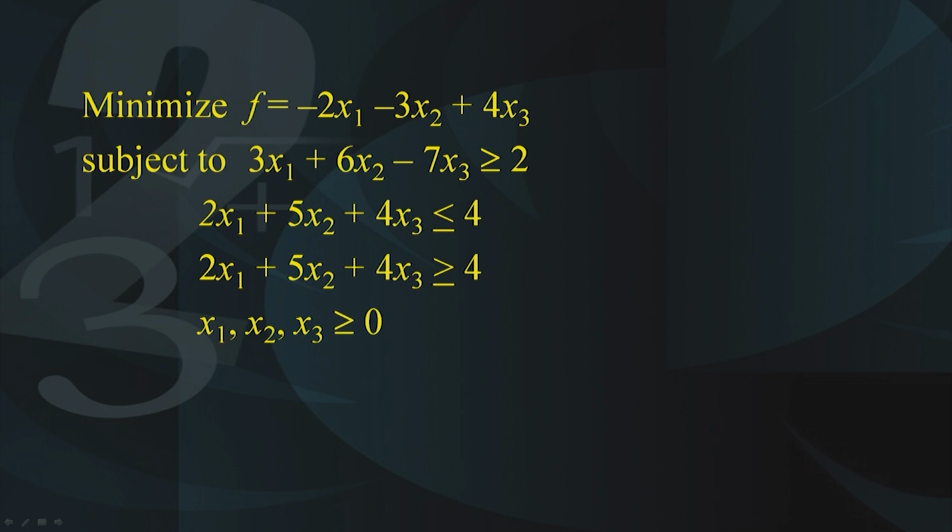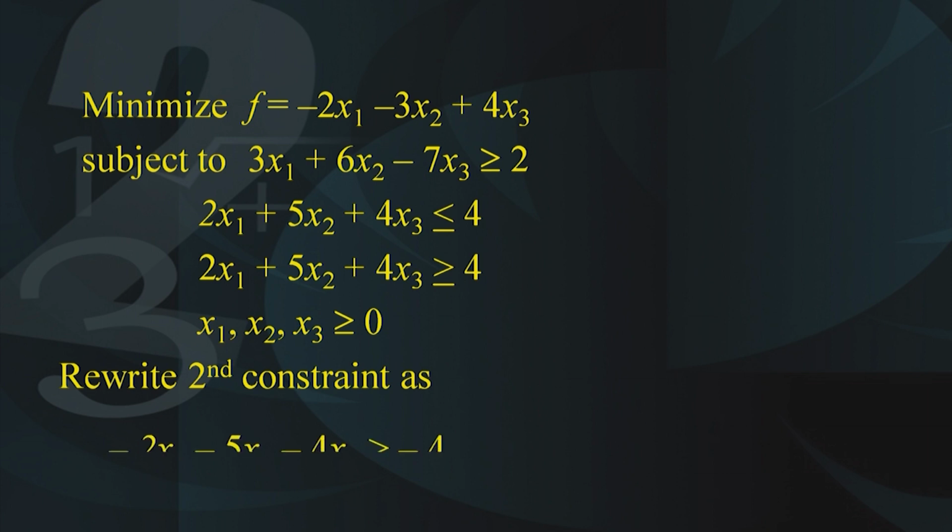However, since it is not in the standard form, we need to convert all the constraints in the greater than type. Therefore, we will convert the second constraint like this: minus twice x1 minus 5x2 minus 4x3 greater than or equal to minus 4.